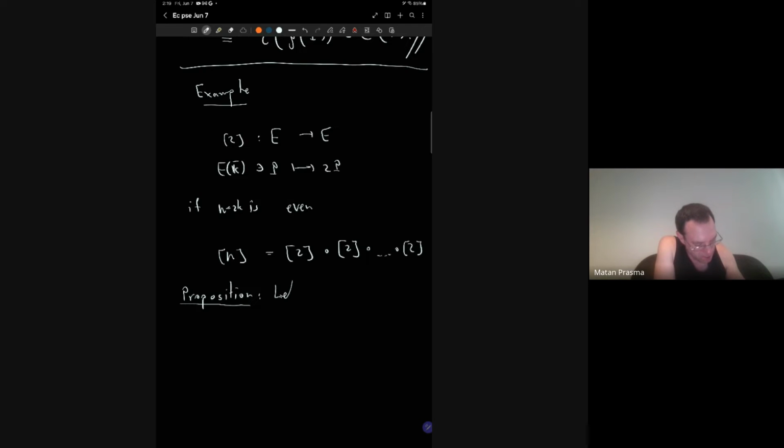Let E over K be an elliptic curve, and rho, which is R comma S, is a rational function, a rational map from E to itself.